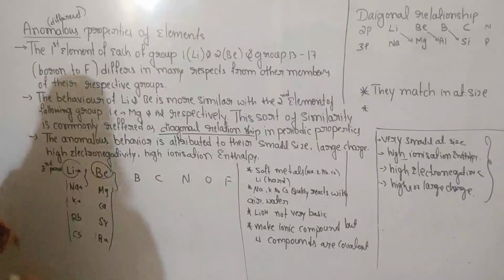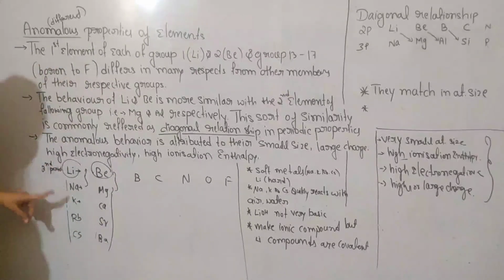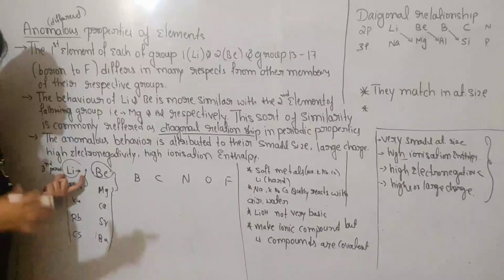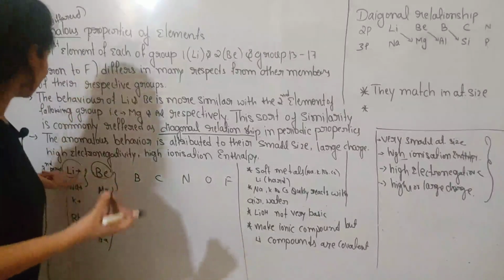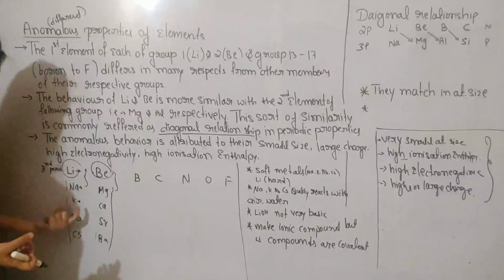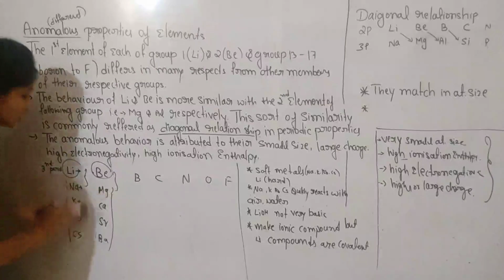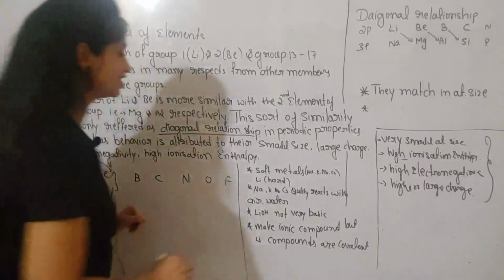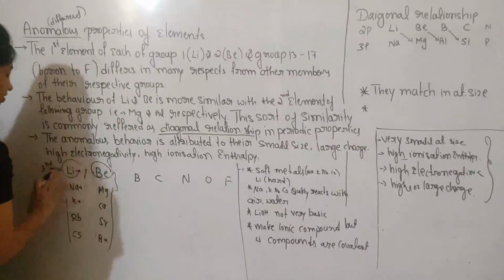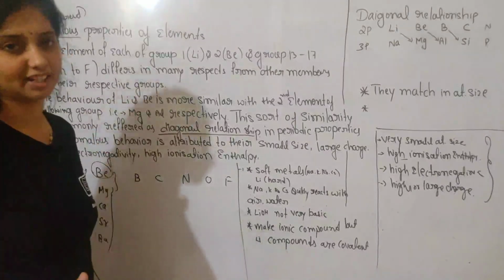Just see here, I wish to take one example. Consider the first group. We have lithium, sodium, potassium, rubidium and cesium. I already told you lithium exhibits anomalous properties compared to sodium, potassium, rubidium and cesium. So how is it different from these elements? You already know that the first group and second group elements are very soft metals.